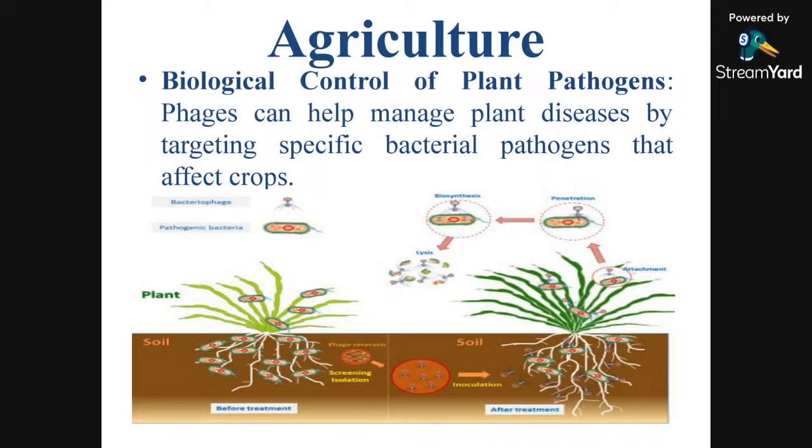This reduces the need for chemical pesticides and promotes sustainable agriculture practices. Phages offer an eco-friendly alternative to chemical bactericides, reducing environmental contamination. Phages target only harmful bacteria.